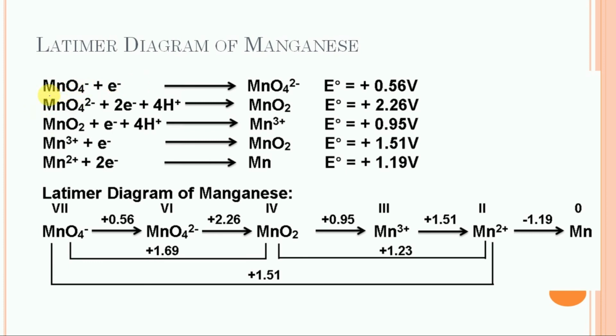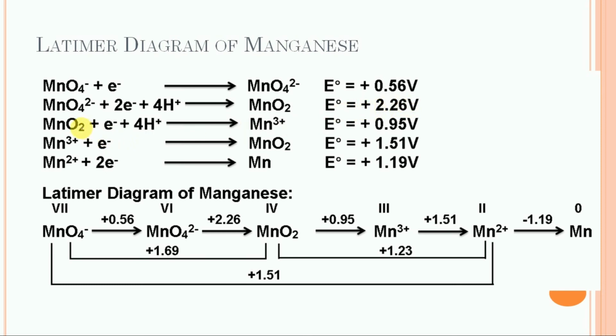This equation corresponds to the change of manganese from oxidation state 7 to oxidation state 6, and the electrode potential corresponding to it is 0.56 volt. And this equation shows the change of manganese from oxidation state 6 to oxidation state 4, and the electrode potential corresponding to it is 2.26 volt.